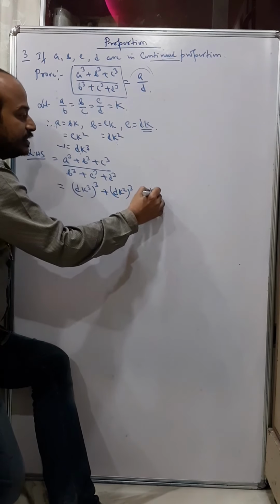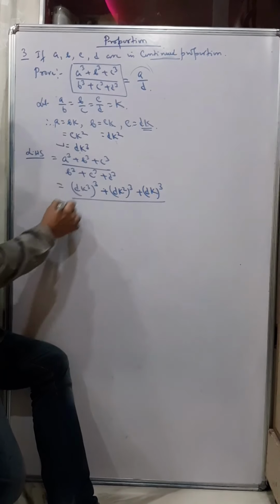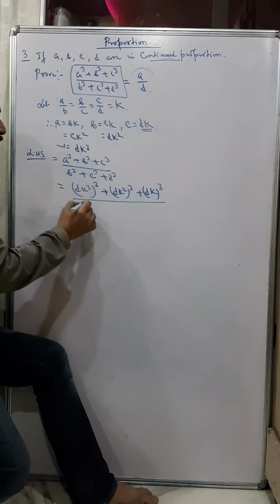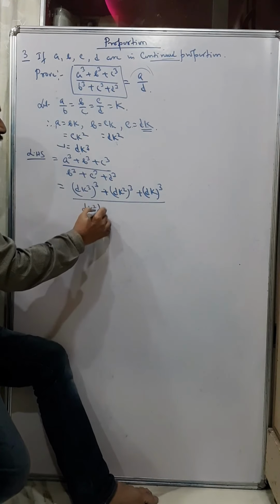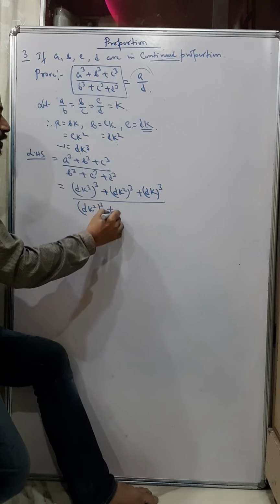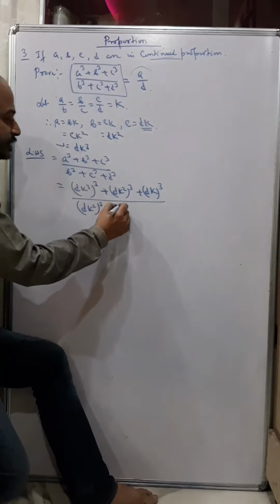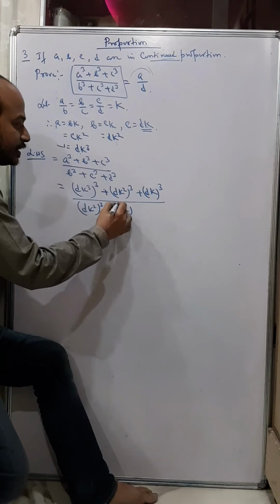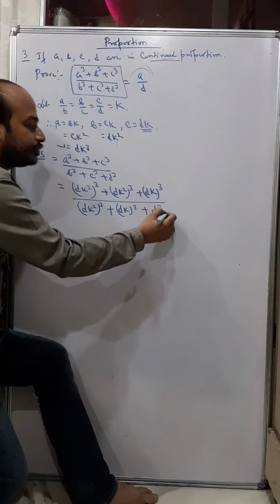C cube means DK and whole cube. Similarly B cube here also means DK square whole cube. C cube means DK whole cube, and D cube will remain as D cube.